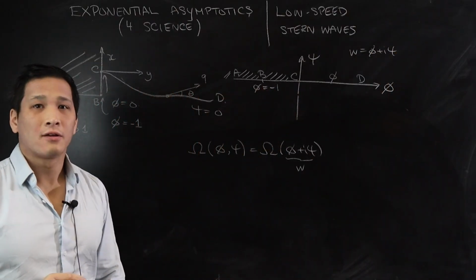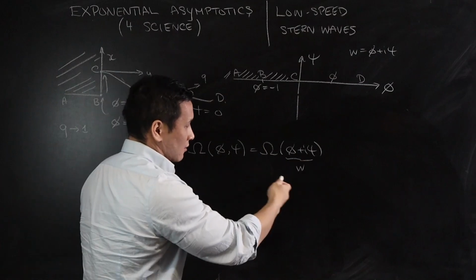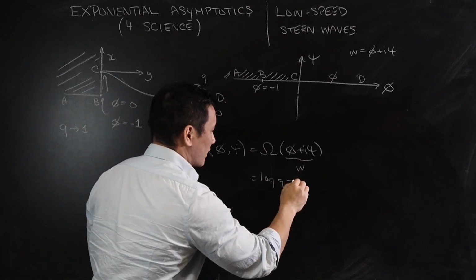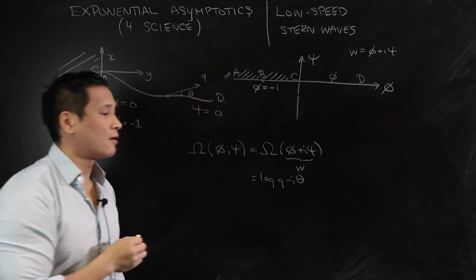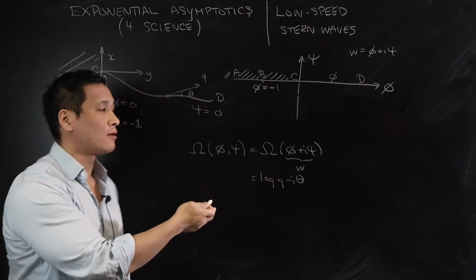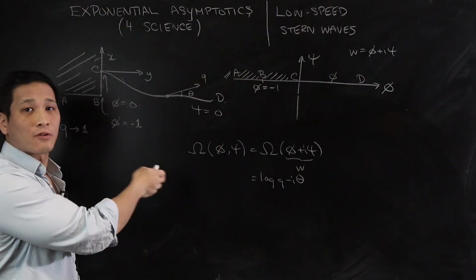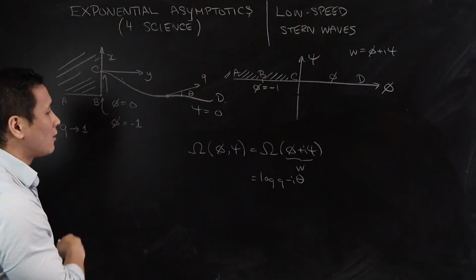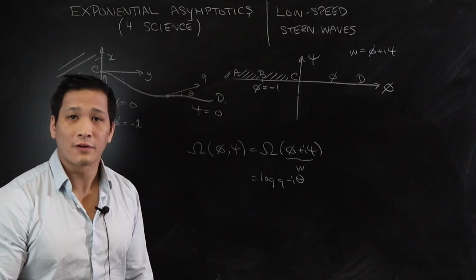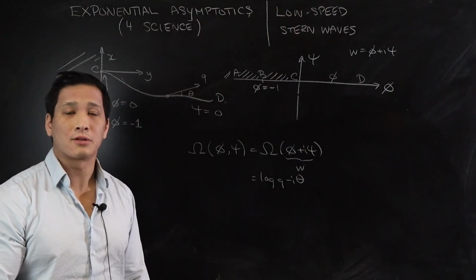So this is basically log q minus i theta. And remember that log q just tends to 0 at infinity in your flow, since the speed tends to 1. And so you can verify that this is an analytic function, and so you can apply Cauchy's theorem.